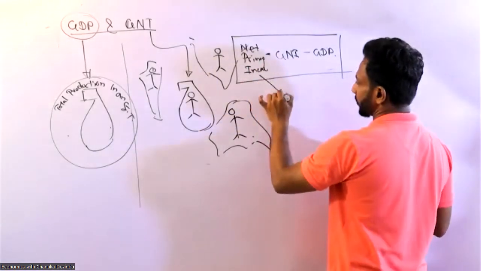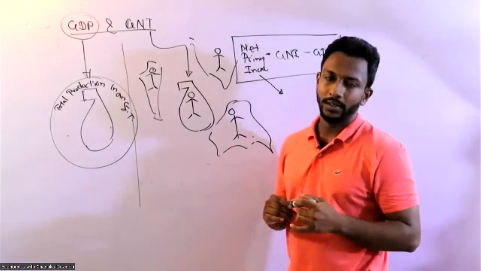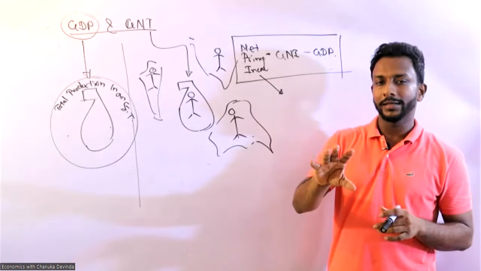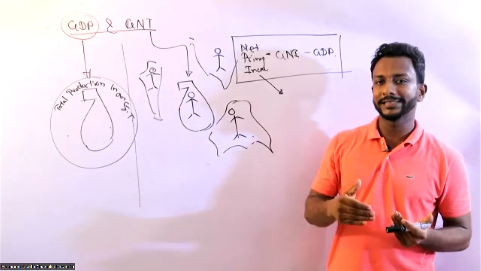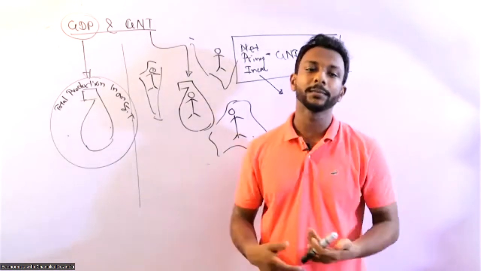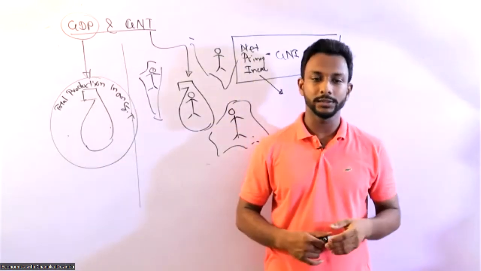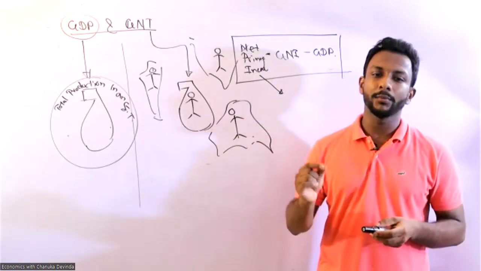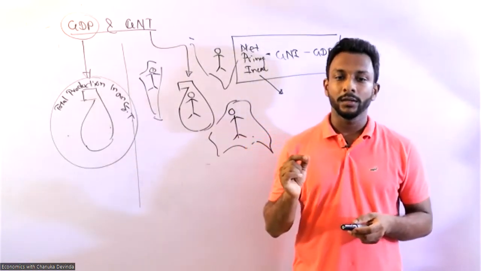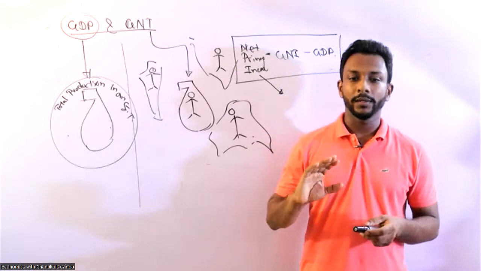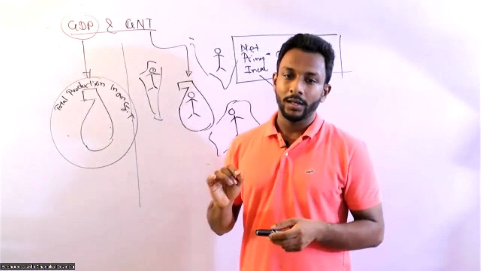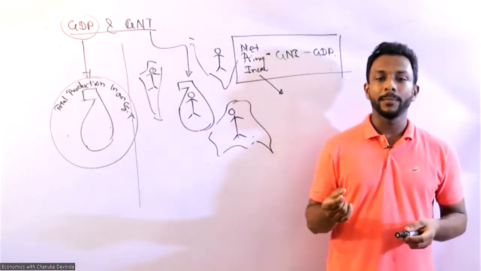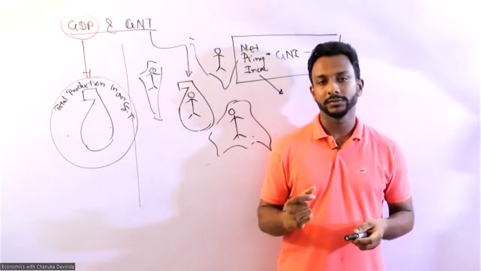So what's the definition? The definition is the difference between primary income receipt and primary income payment for the rest of the world. Let's read the first point: net foreign factor income or net primary income is the difference between primary income receipt and primary income payment.